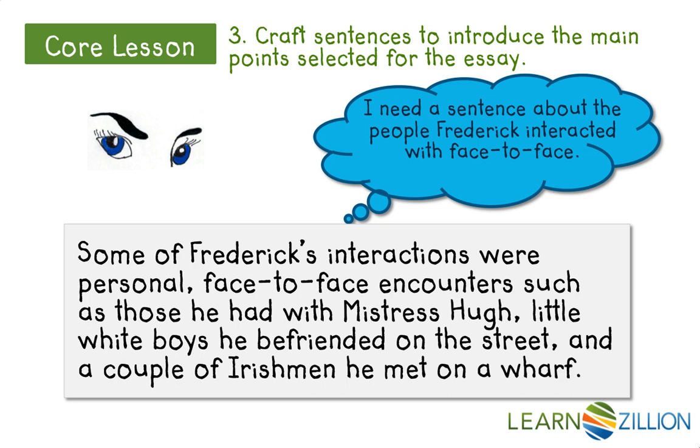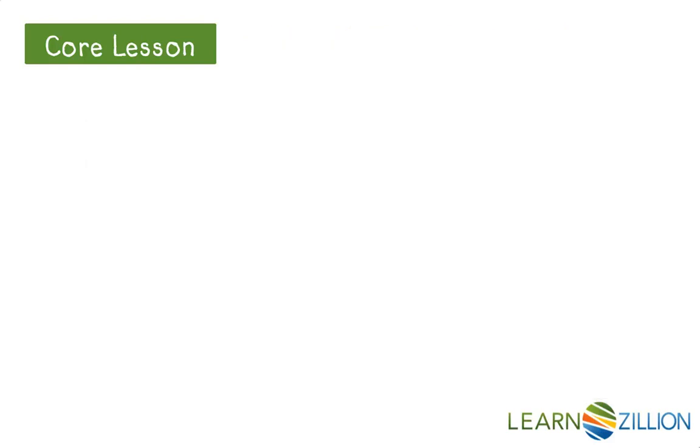This sentence introduces the 3 characters I want to write about in the body of my essay. I know I have enough information in my notes to write a paragraph about each of these face-to-face encounters. But I am not quite finished. I still have some other points to make about other characters, so I need to write some more.